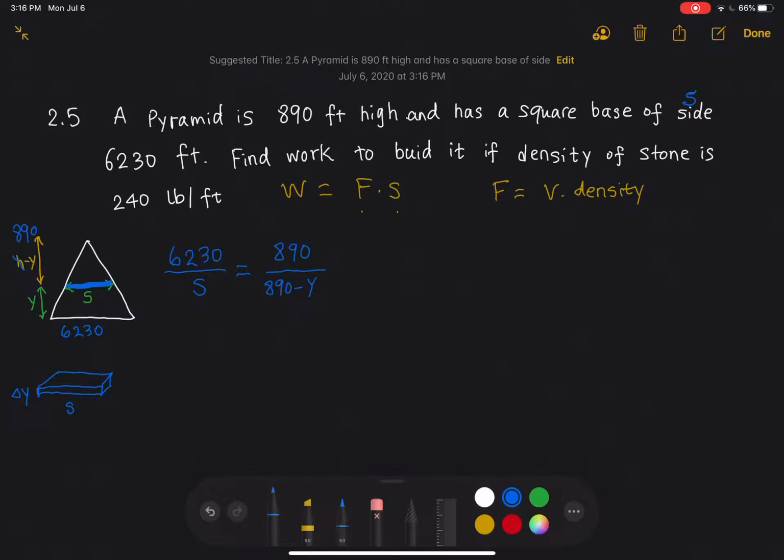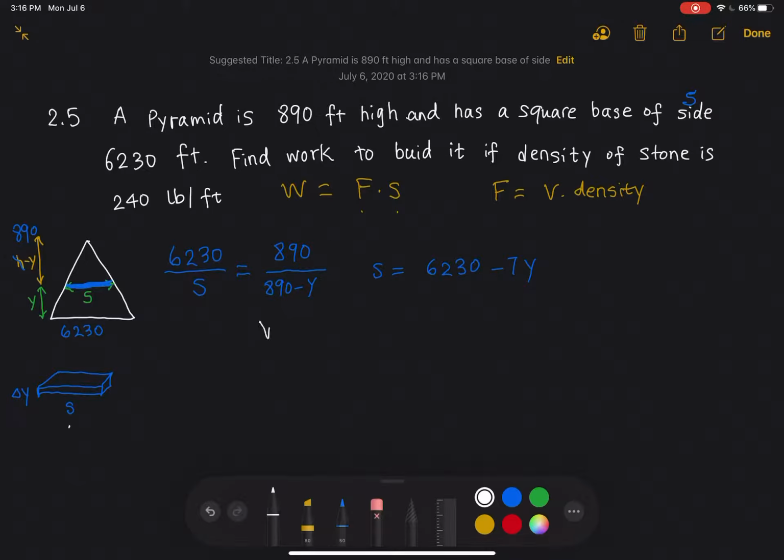So this is the setup of our problem. You can cross multiply and solve for S. It tells you that S equals 6,230 minus 7Y. You can do the calculation. In that case, we do have the side of the base.